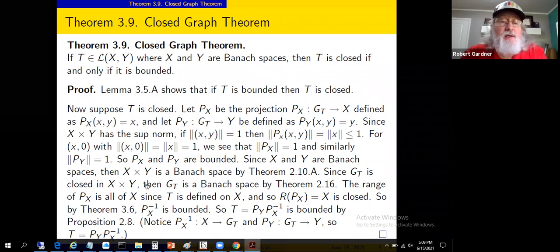G sub T is closed in X times Y because we've assumed T is a closed transformation. That means the graph of T is a topologically closed set in X times Y. So G sub T is itself a Banach space. How's that sound? Closed subset of a Banach space is itself a Banach space. Theorem 2.16. Let's go look that one up.